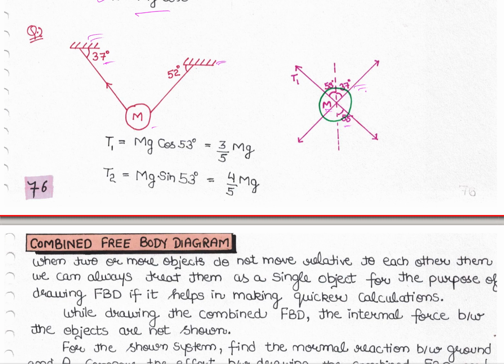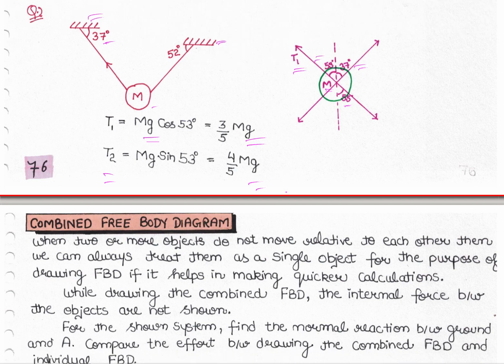This is the 37 degree angle, and this is the 53 degree angle. And we take the tension as T1. So T1 is equal to mg cos 53 degree, or 3 by 5 mg, and T2 is equal to mg sin 53 degree, which is equal to 4 by 5 mg.